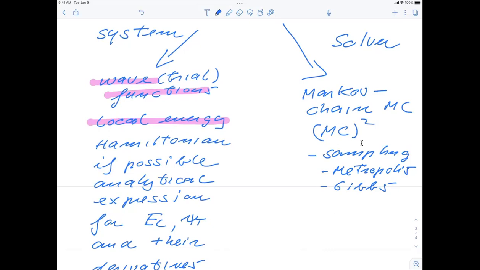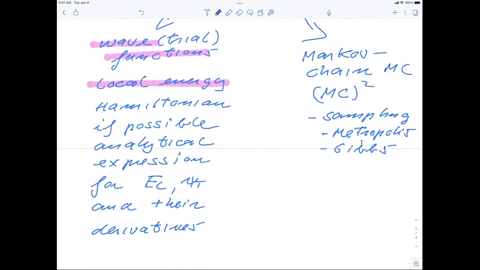In our case, this is going to be coordinate space. We're going to move a series of random walkers in order to sample all possible configurations in space. And the way we sample these and accept or reject the moves is given by a sampling algorithm, which is then called the Metropolis algorithm, or the Gibbs algorithm if you want to implement that one. So there's going to be a sampling. So the Markov chain Monte Carlo is going to be the main method.